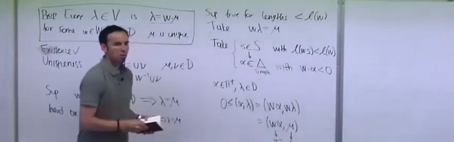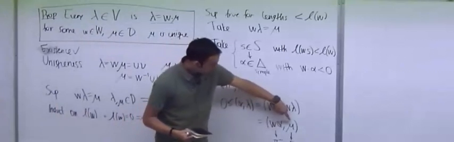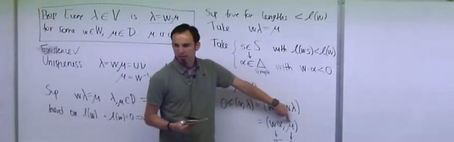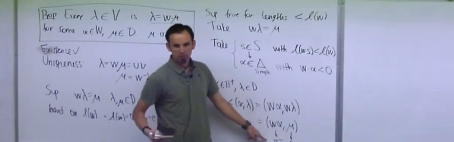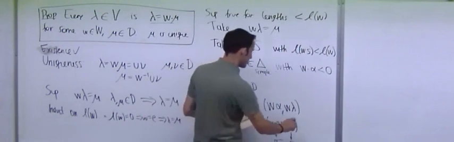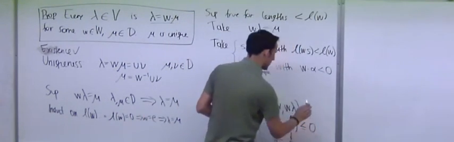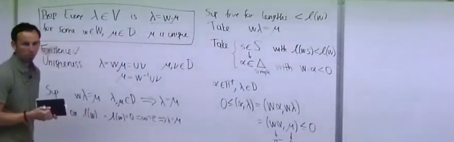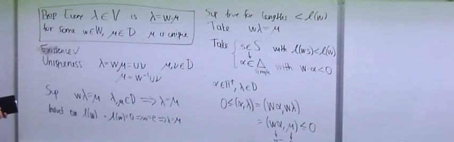Okay? And so I know that if I take something in my fundamental domain, and I take the inner product with a negative root, I'm going to get something negative. So I get less than or equal to 0 here. Okay. And so, well, this might not be very exciting that I just proved that 0 is less than or equal to 0.